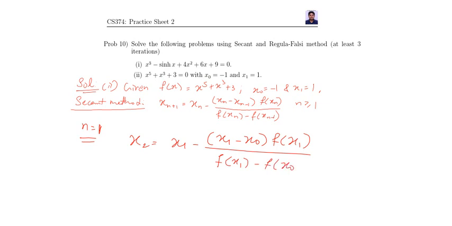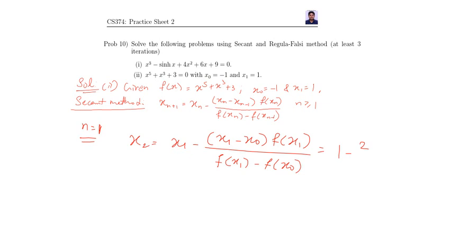What will be the value? x1 is 1, so x1 minus x0 is 1 minus minus 1, that is 2. f of x1 means f at 1: 3 plus 1 is 4, 4 plus 1 is 5.